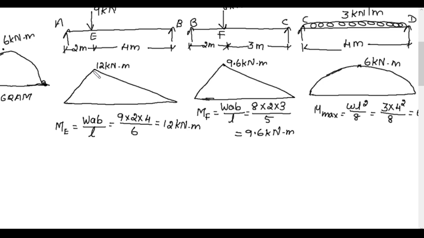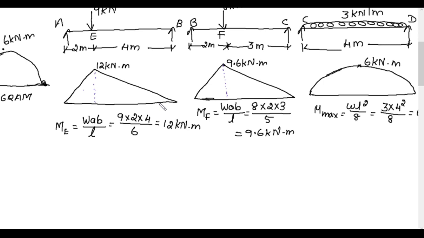Now we will divide this into two parts, two triangles. This is one triangle and this is another triangle. Here also we will divide this into two parts. Because this is the three moment equation, we are going to apply Clapeyron's theorem of three moments. That means we have to consider the adjacent spans.